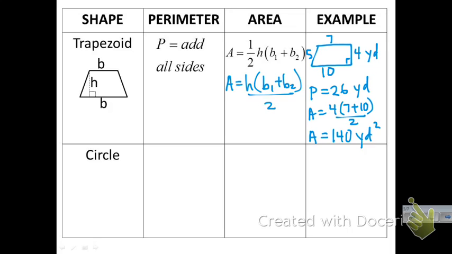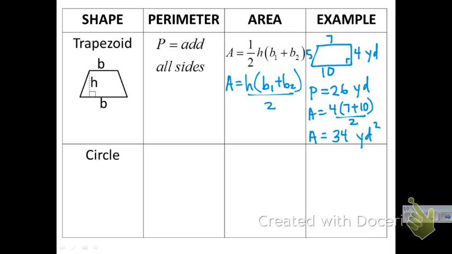Actually, I think I have that wrong. Hold on. Let me say that again. You take 7 plus 10 to get 17, times 4 is 68, and you divide that by 2 to get 34. I multiplied those, so don't do that. That's a common mistake made.